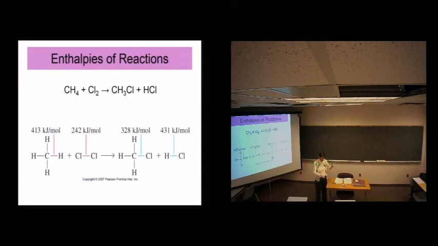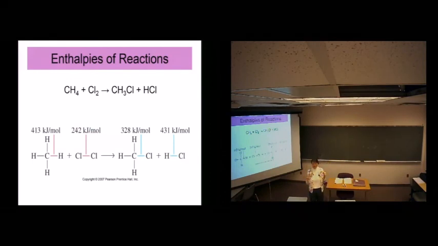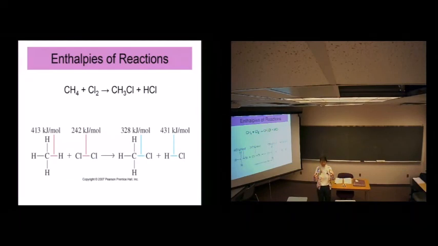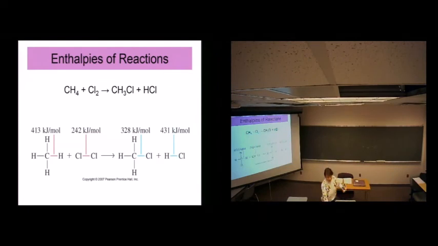Okay, great. Now, if I want to put these together, what do I have to do? I want to form. Okay, so I broke two bonds, and now I want to form them, right? So what am I going to form? A carbon and a chlorine together? Great, thank you. And I need HCl, so don't I need to form this bond?